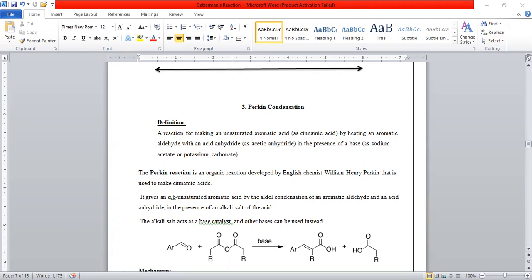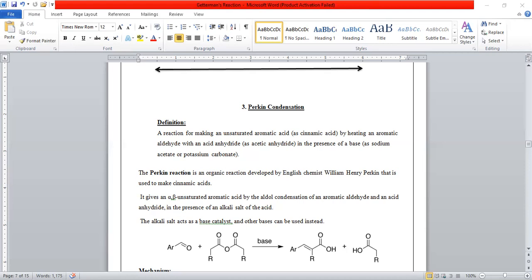The alkali salt acts as a base catalyst and other bases can be used instead. Basically, in this reaction, benzaldehyde reacts with acetic anhydride to form cinnamic acid.